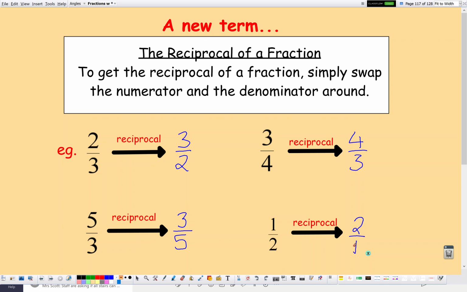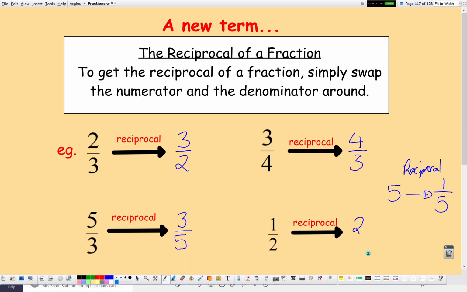Whenever you have a whole number over 1, it just turns into the whole number on top. So the reciprocal of a half is 2, and the reciprocal of 2 is a half. For example, if I had the number 5 and wanted to know the reciprocal, that's technically 5 over 1, so the reciprocal is 1 over 5.